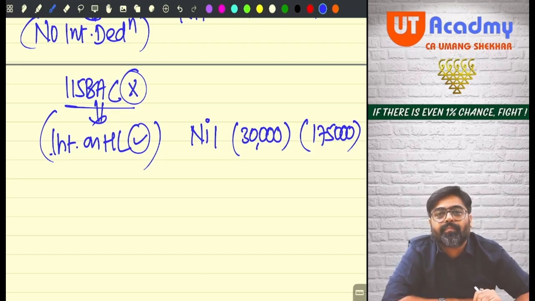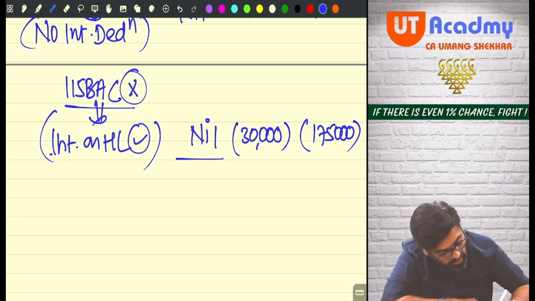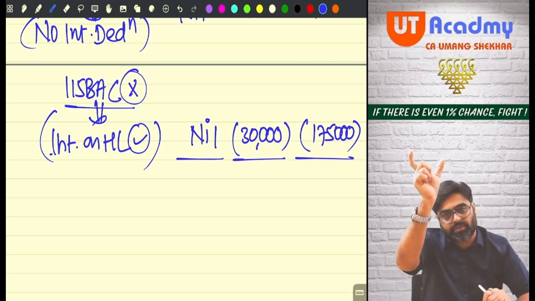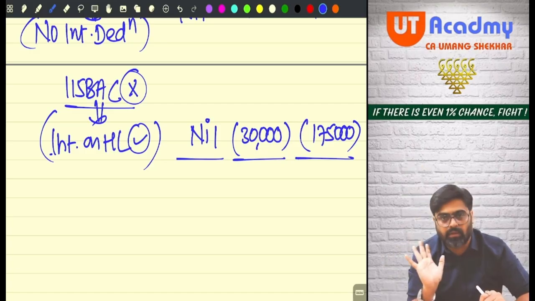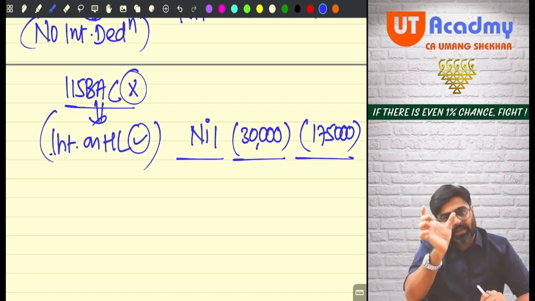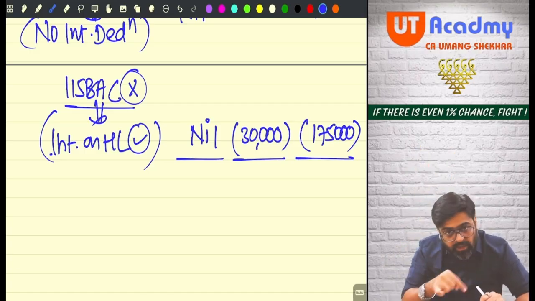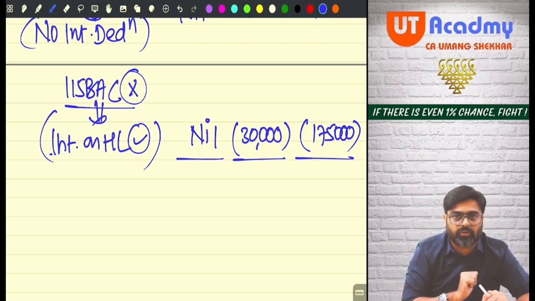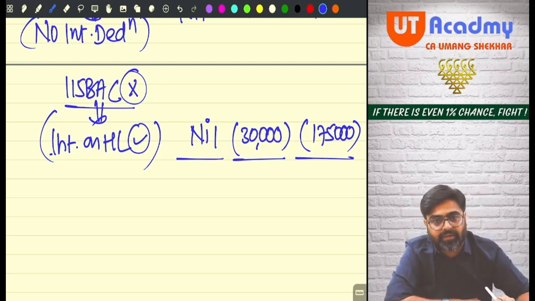Getting my point? So this is house property income. If each house property was separately treated as SOP: if the first property is treated as SOP, its value is nil. If second property is treated as SOP, its final loss will be 30,000. If third property is treated as SOP, its final loss will be 1,75,000. Everyone getting my point?